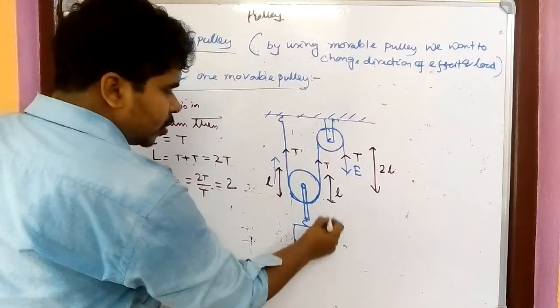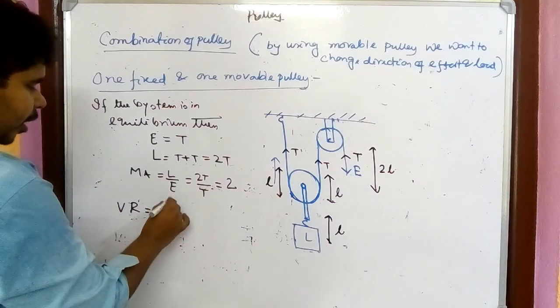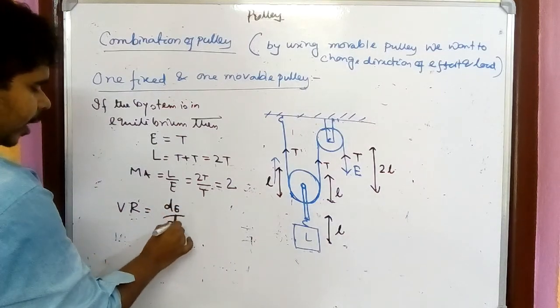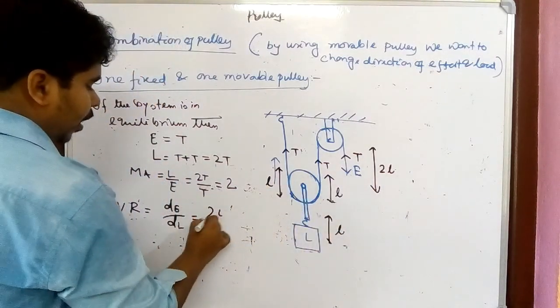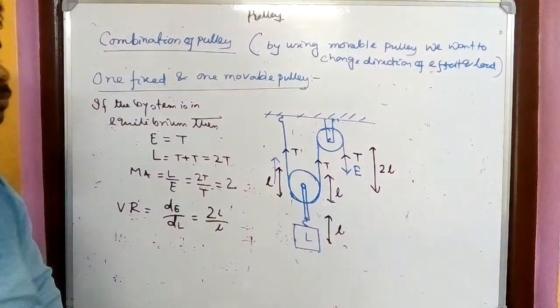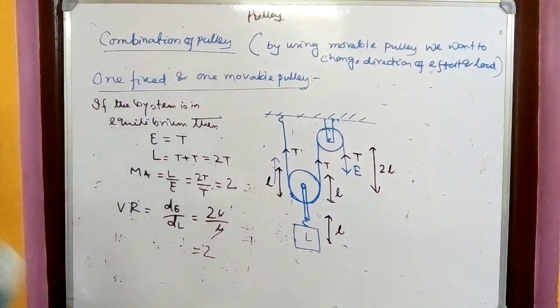So load is also lifted by L. So we can write dE by dL, where dE equals 2L and dL equals L. Cancel out, velocity ratio is 2. Exactly same as the single movable pulley.